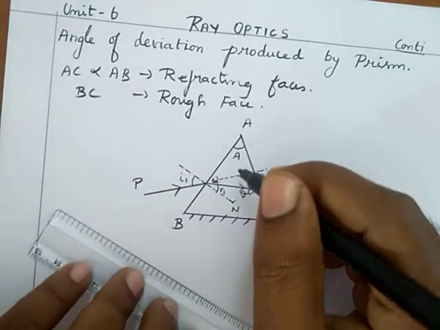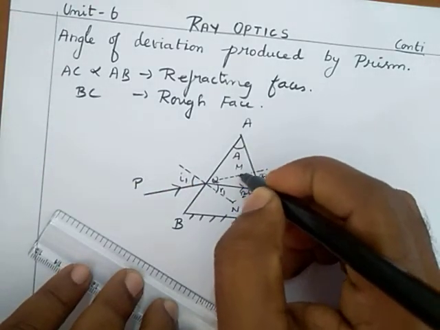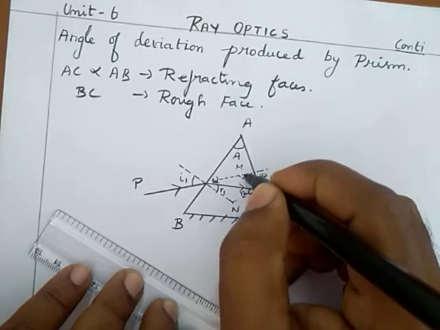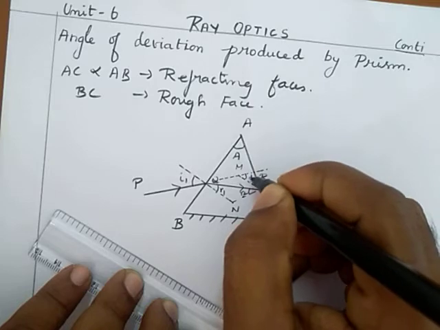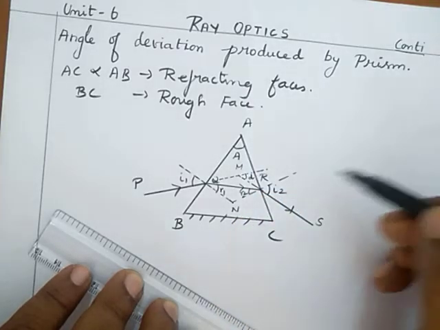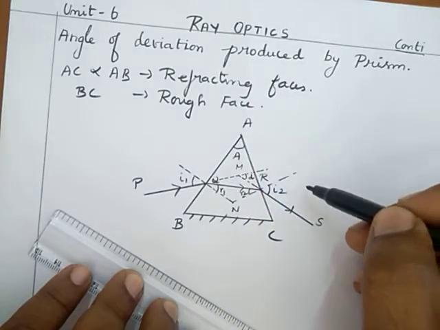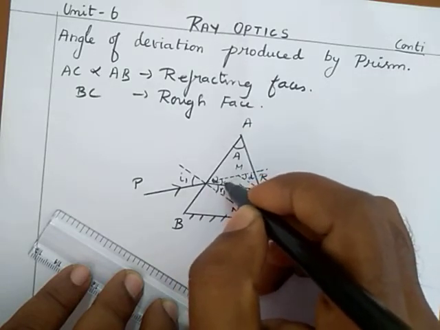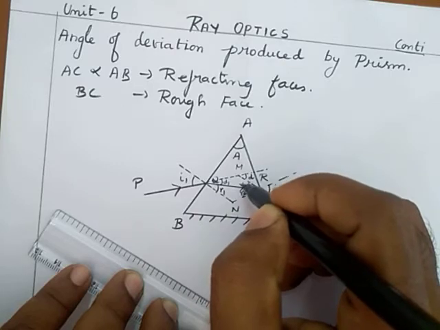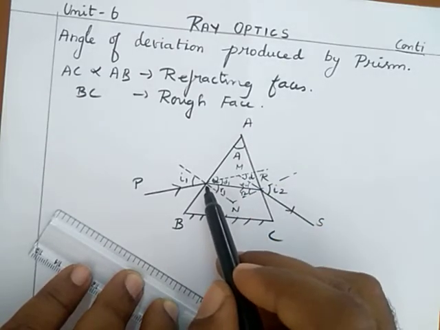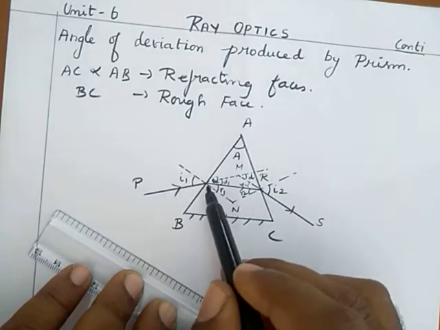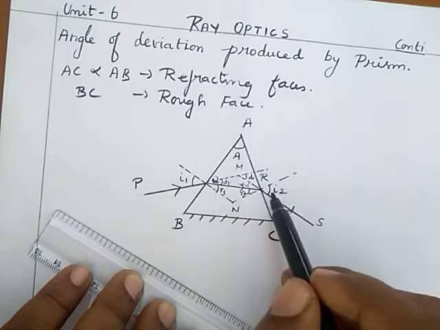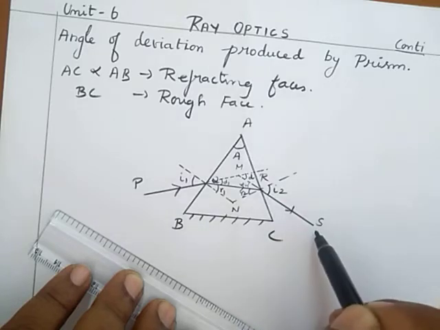They meet at a point referred to as M. Then the angle between the incident ray and the emergent ray is known as the angle of deviation D. We can write this angle as D1 and this angle as D2. At the point Q, the incident ray deviates its path, and also at the point R, the incident ray deviates its path as the emergent ray.